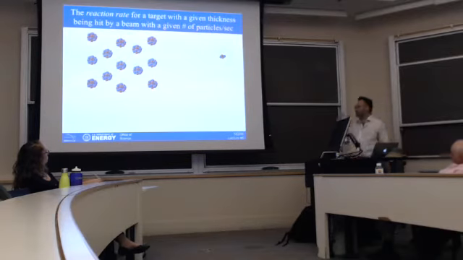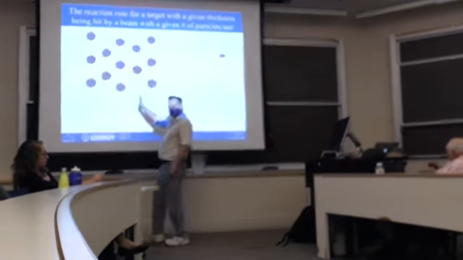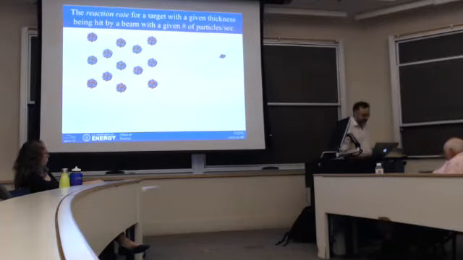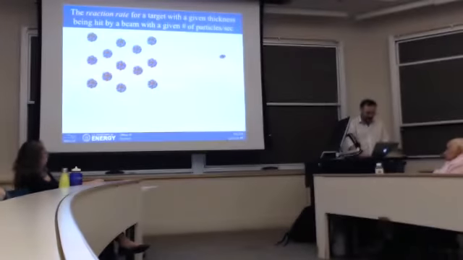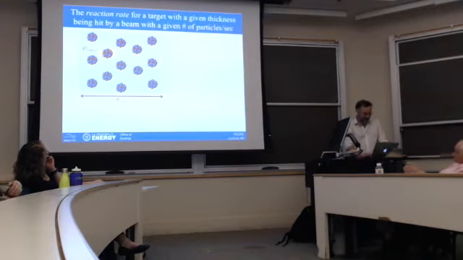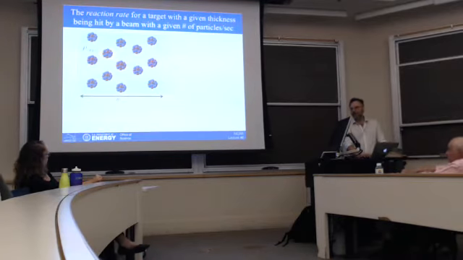So, the reaction rate for a target with a given thickness, that's the number of layers that I have going back here. The reaction rate for a target with a given thickness, being hit by a beam with a given number of particles per second, can be defined by a few quantities here. I've got the thickness of the target, which I'm calling R, just because I'm being contrary, maybe I should call it T here.